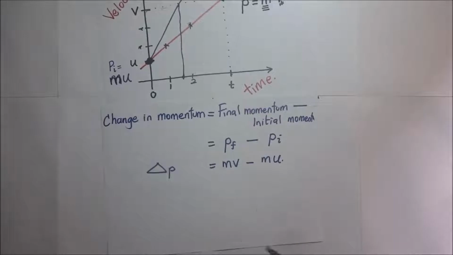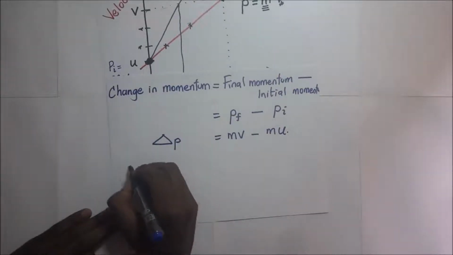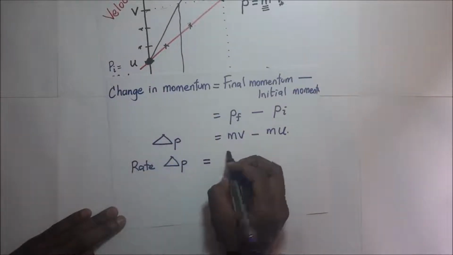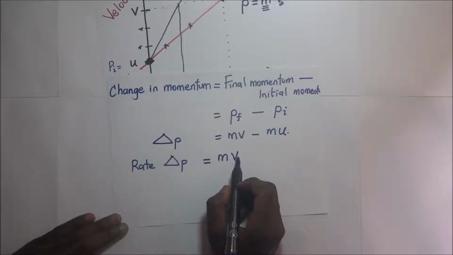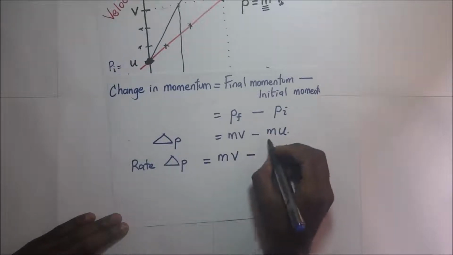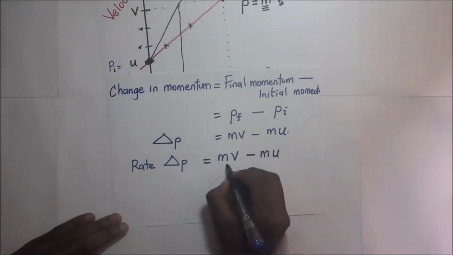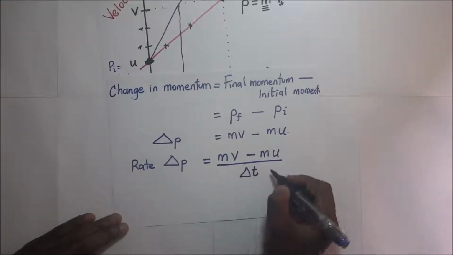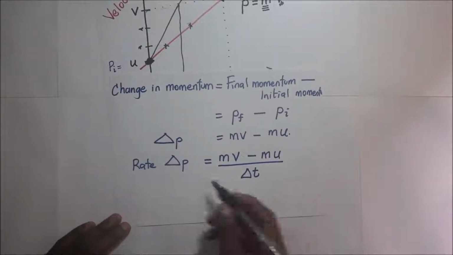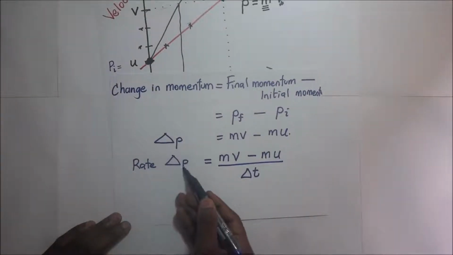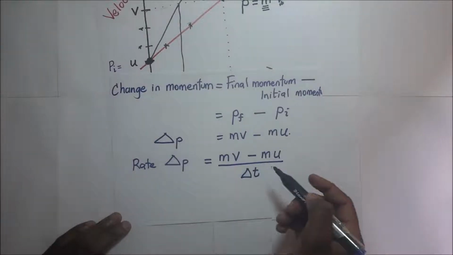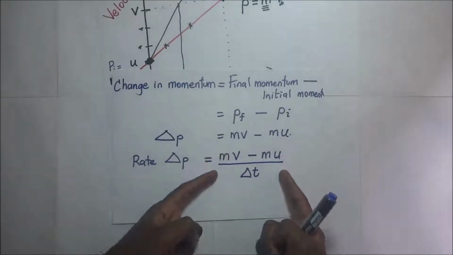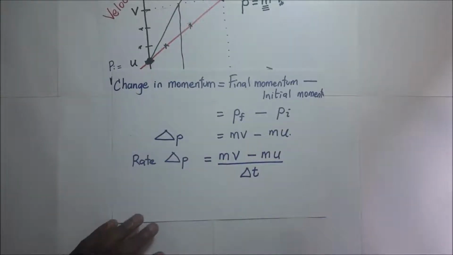So the rate of change of momentum is going to be given by final momentum, which is mass times final velocity, minus initial momentum, which is mass times initial velocity, divided by the change in time. Let's call it delta t, change in time, or simply t. So this rate of change of momentum is what Newton is saying is directly proportional to the force applied.